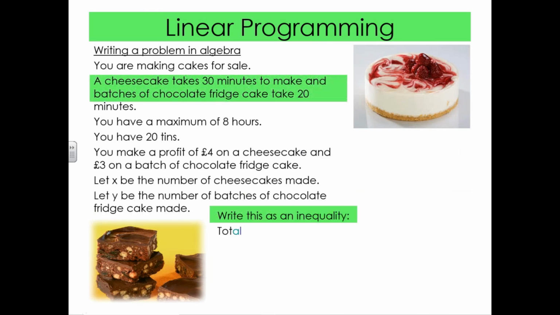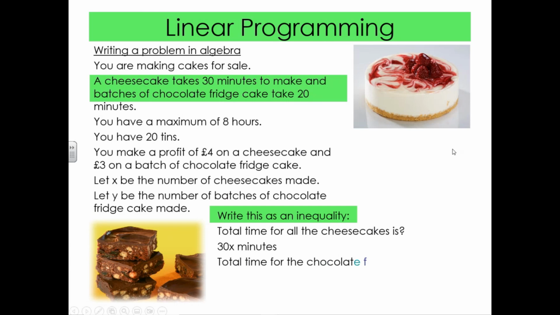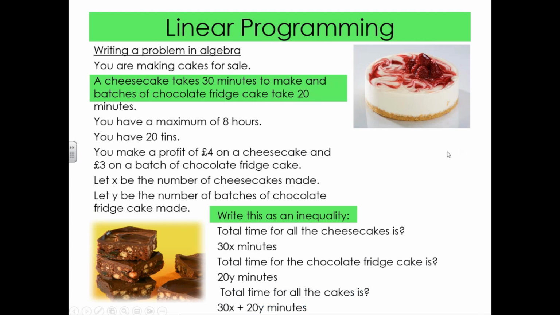So let's think about the time first. We're going to work in minutes, so our units need to be consistent. As long as you're consistent, it's fine, whether minutes or hours, but I'm going to work in minutes. The total time that we spend making cheesecakes is 30 times the number of cheesecakes, so 30x. The total time that we spend making fridge cakes is 20 times the number of fridge cakes, so 20y. So the total time we spend baking cakes is 30x plus 20y.